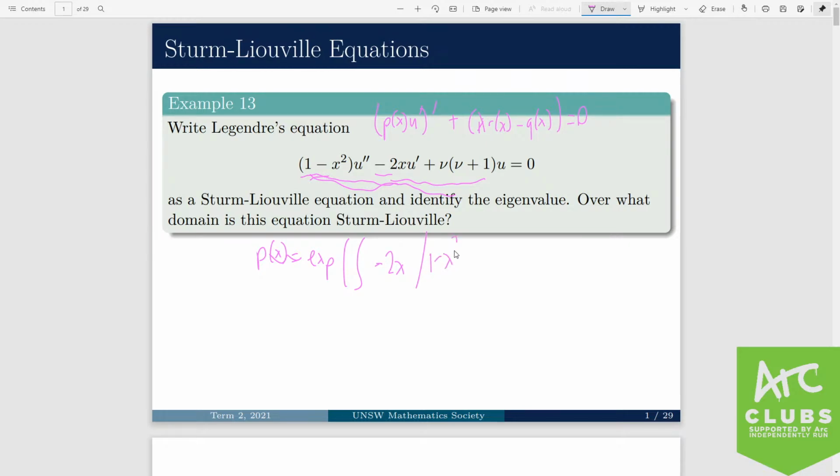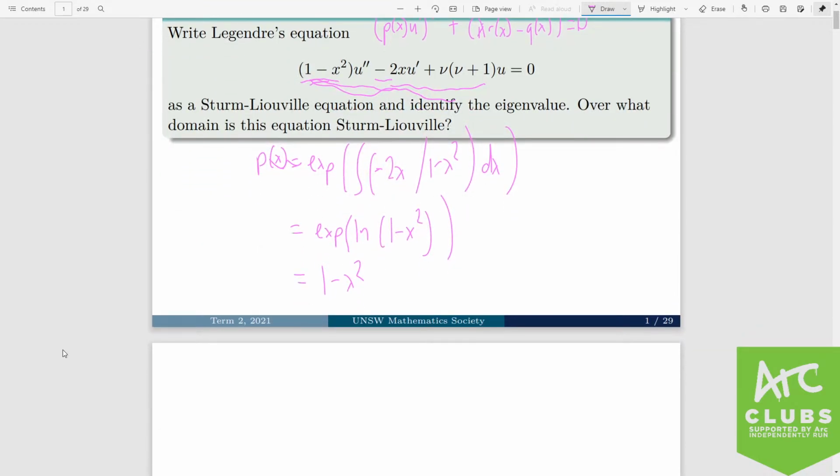Divided by 1 minus x squared dx, and this becomes exponential integral of, actually, it becomes log of 1 minus x squared. So we ignore the constant of integration, and this becomes 1 minus x squared, which is our first term, so that's nice. So we don't have to divide by anything.